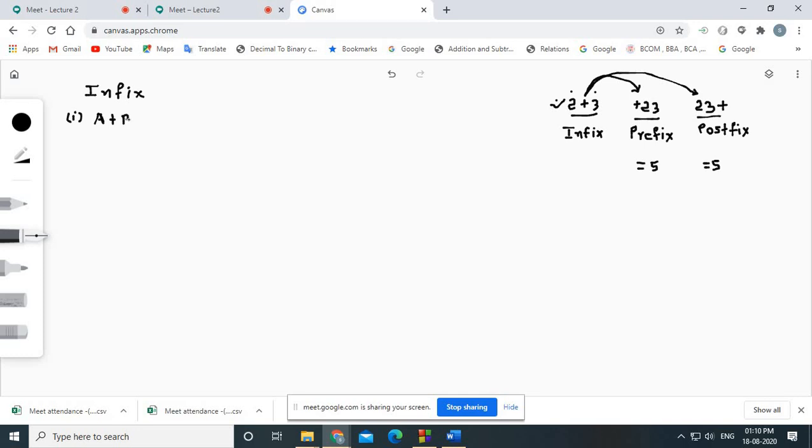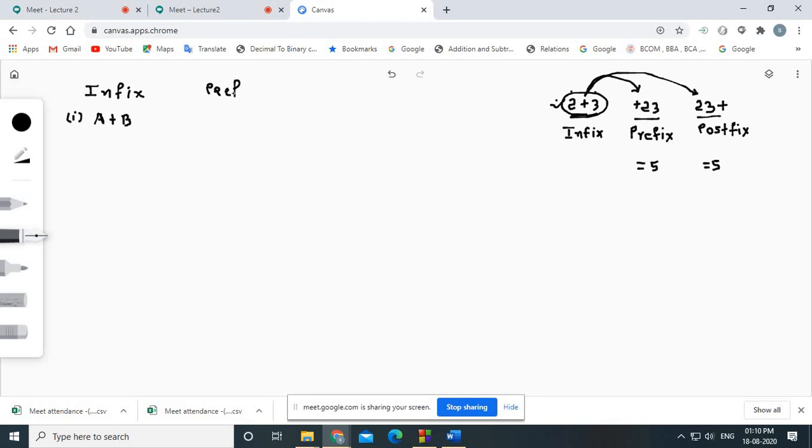It's not compulsory that a and b have to be there every time. This is again an infix expression, right? So here instead of a and b, you could have 2 and 3, right? So a and b can be variables or fixed or constant values. Okay, now how can we convert this expression into the prefix? So here I am writing prefix, right?